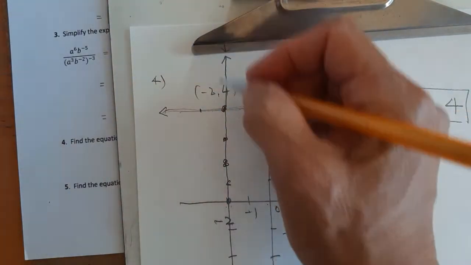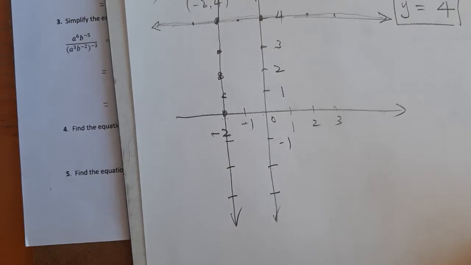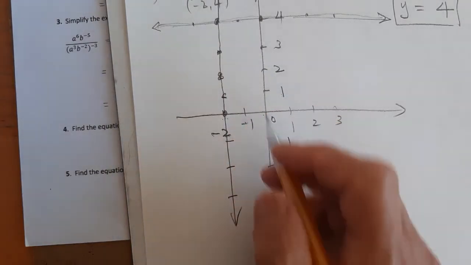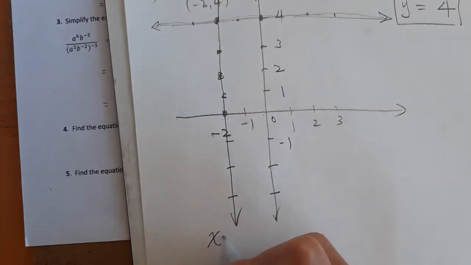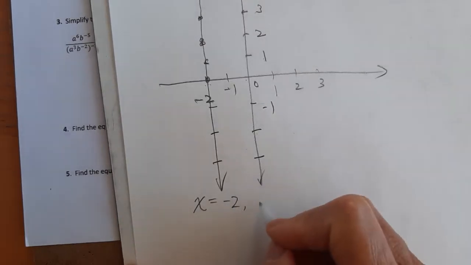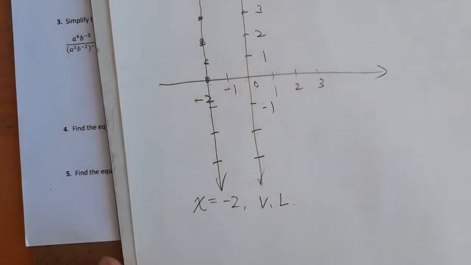So on every point on this vertical line, the x coordinate is always negative 2. So we call it x equals negative 2. That is a vertical line.